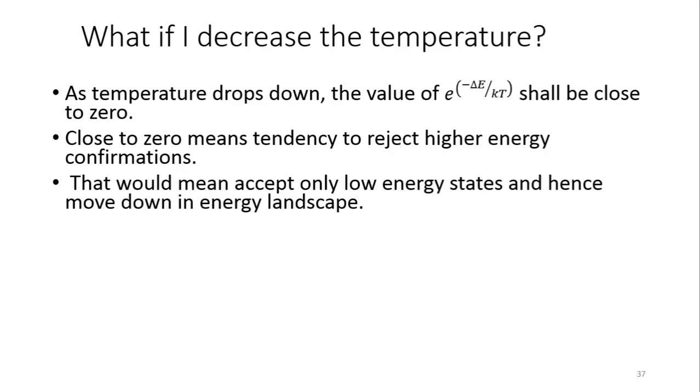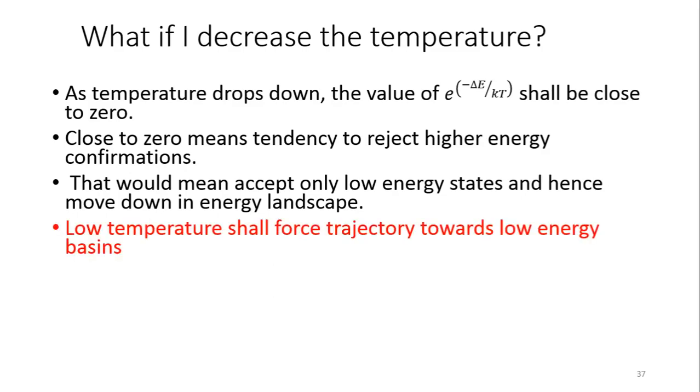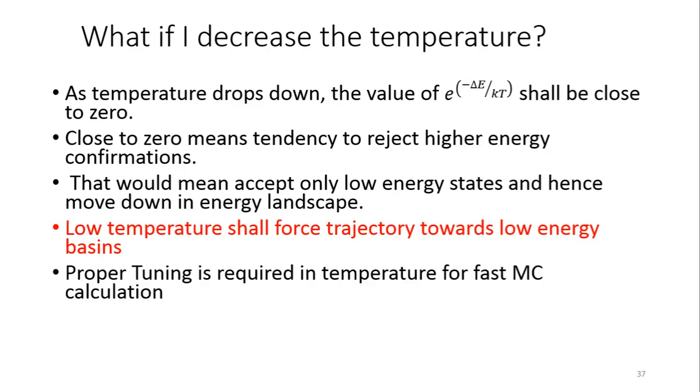We would accept only low energy states and hence move down in the energy landscape. So low temperature shall force the trajectory towards low energy basins. Therefore, proper tuning of temperature is required for fast Monte Carlo calculation.